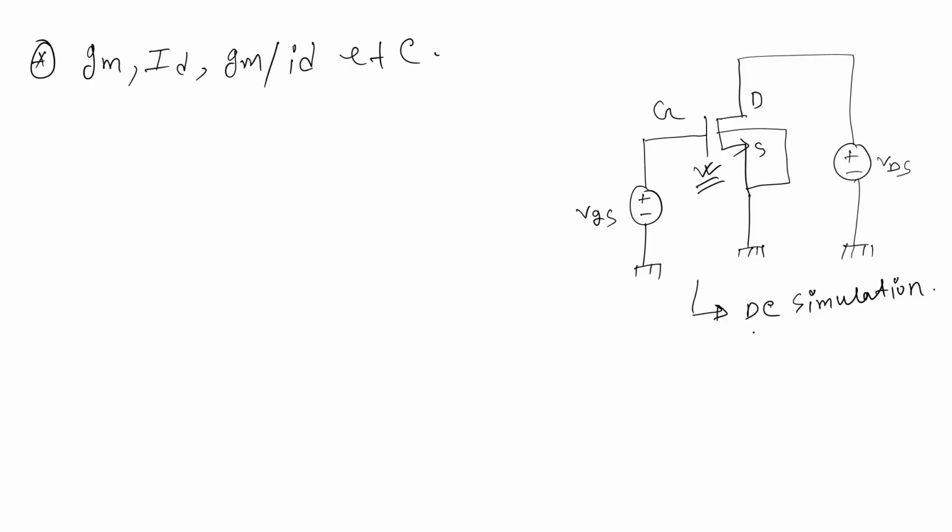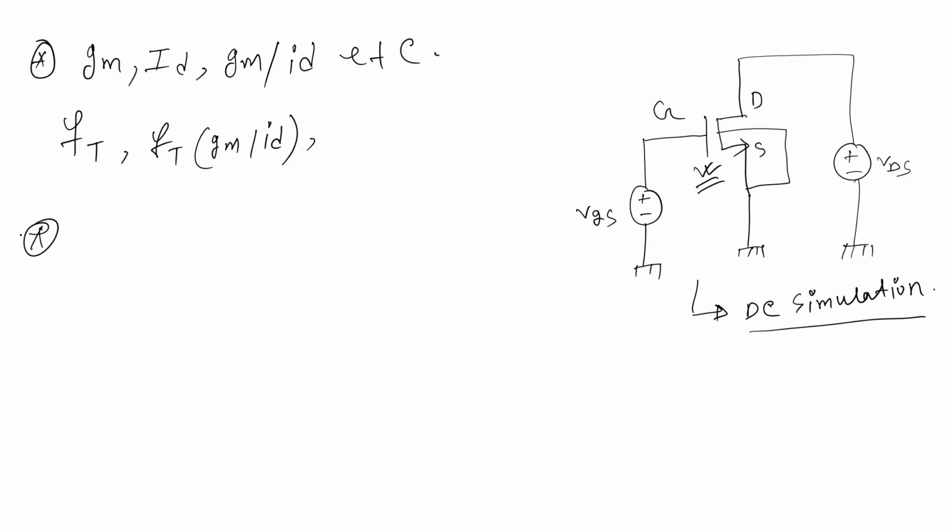We also need another parameter like FT, the transit frequency of the MOSFET. We need to find FT versus GM over ID.